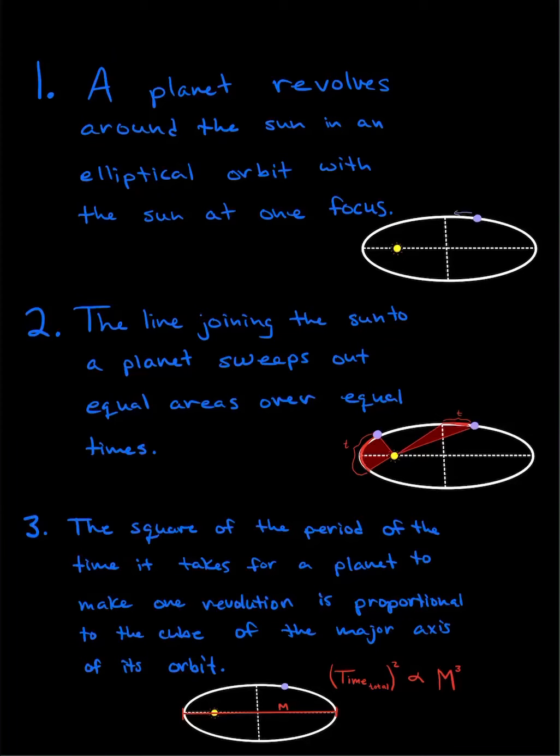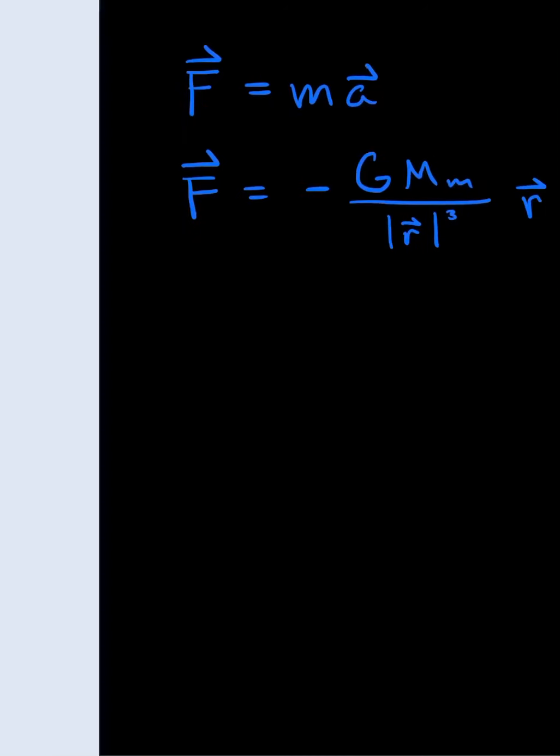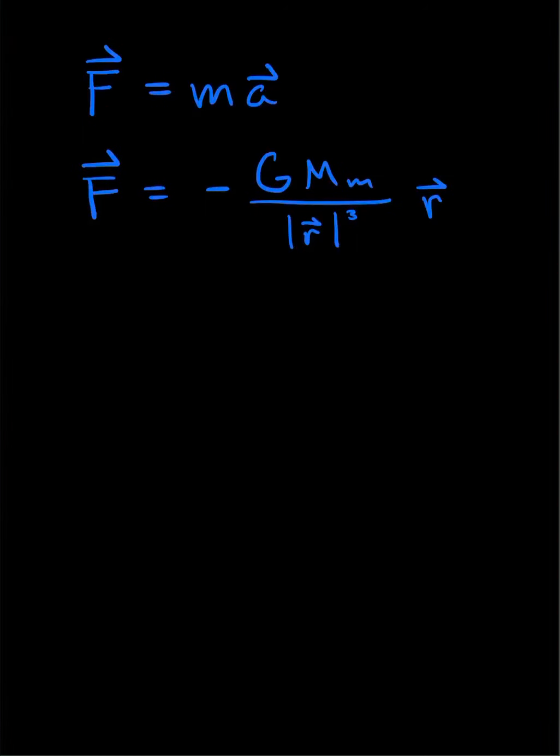Siebel thinks this is a good explanation, but still has questions. How could Kepler be so sure? Horace continues to explain, well, he wrote out very, very long detailed proofs about each of these laws that would take too much time to explain right now. But for the first law, he essentially used 2 equations for force. The first one is from Newton's second law that says a force vector is equal to the mass of an object times its acceleration vector.